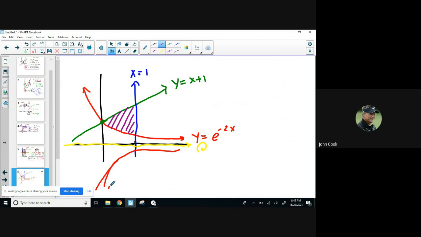There we go. And then the line is here. Oh, that's not good, that's on the same slope. That's better. And then this line, x equals 1. There we go. So it's this shaded region. Okay, so it looks like this is another washer problem.